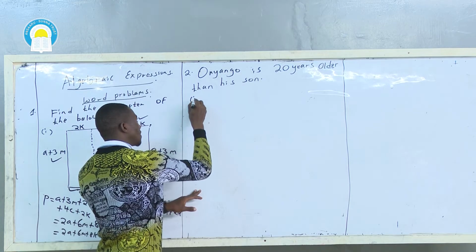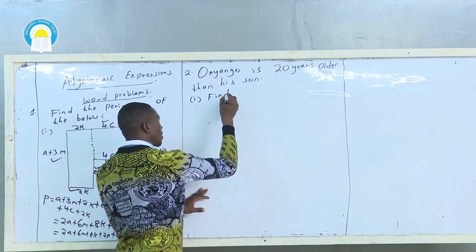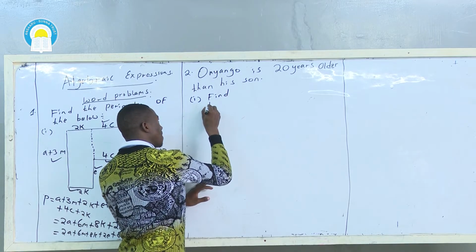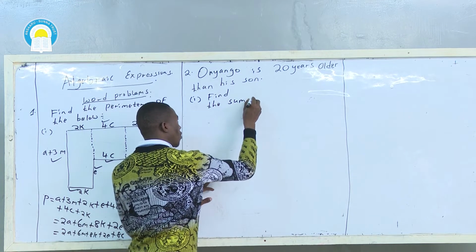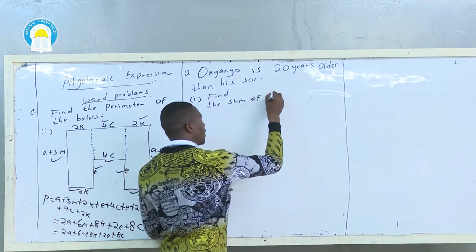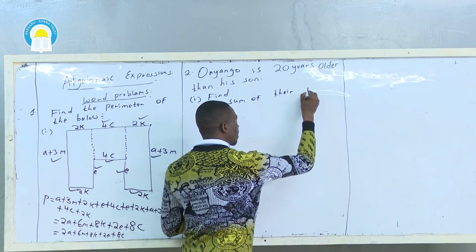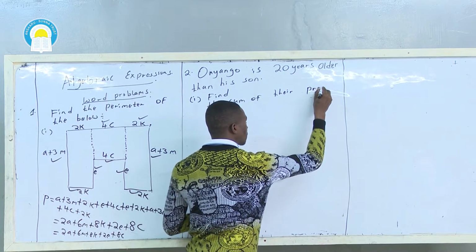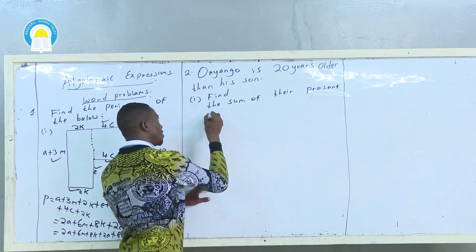Then Roman 1 says, find the sum of their present ages.